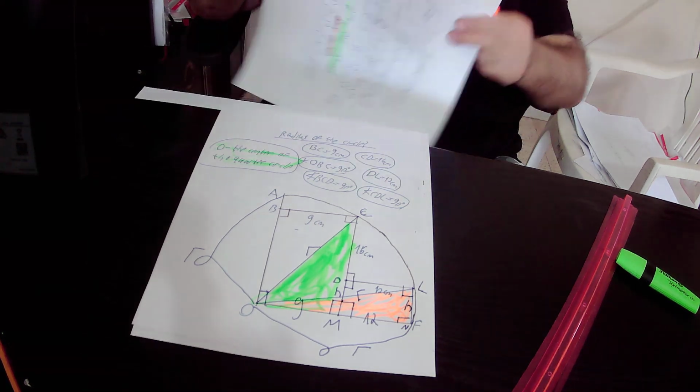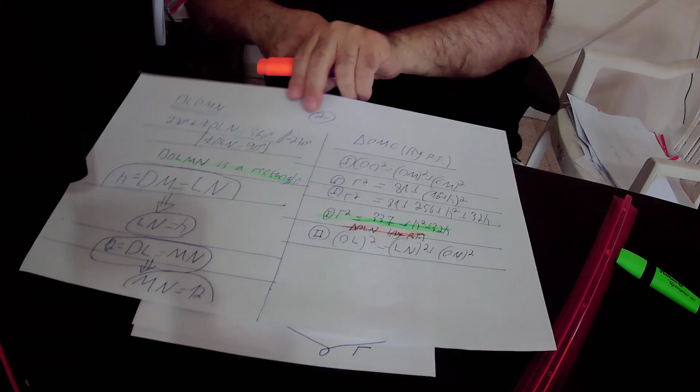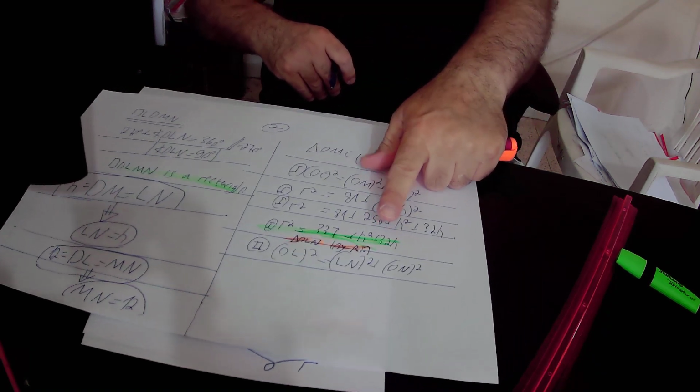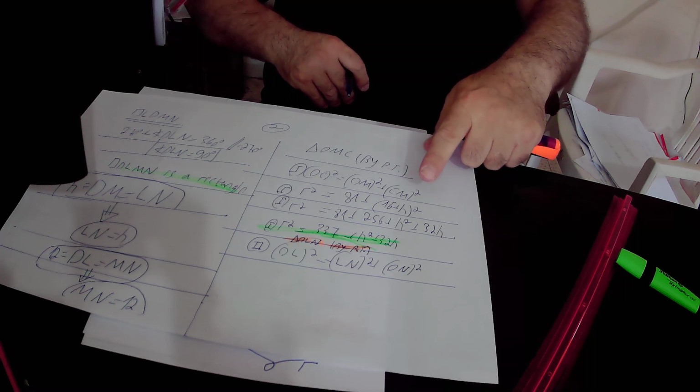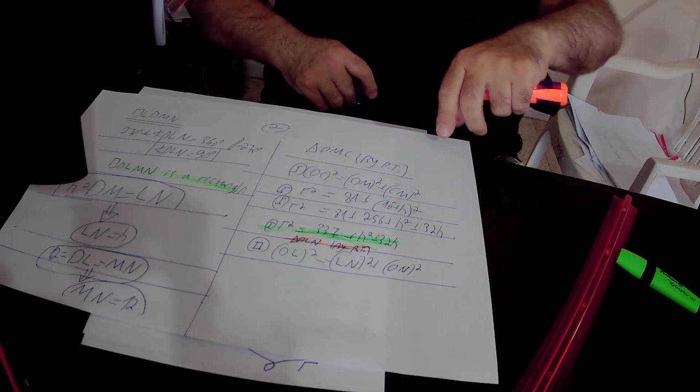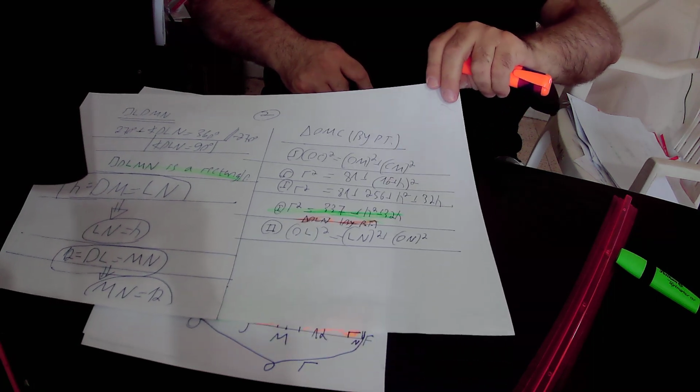I repeat again, in the right orange triangle OLN, according to the Pythagoras theorem, we get that OL squared equals LN squared plus ON squared. This is equation number 2.